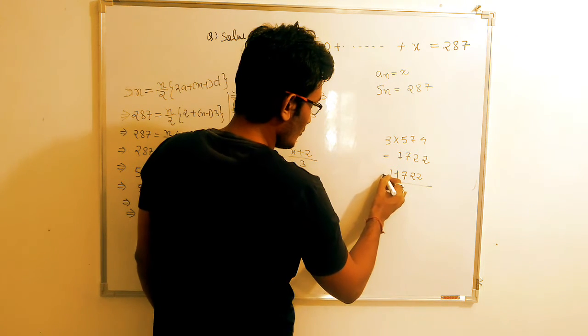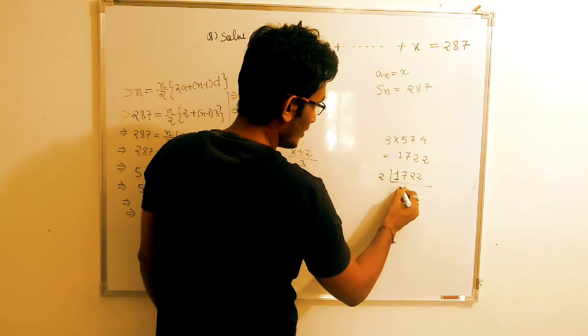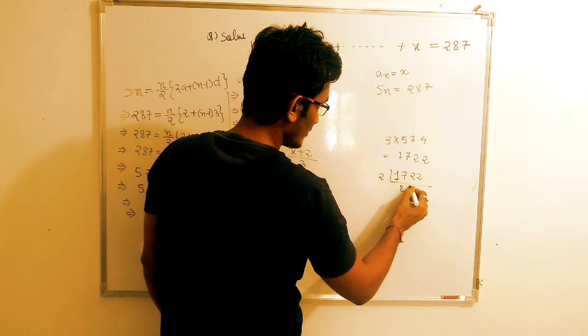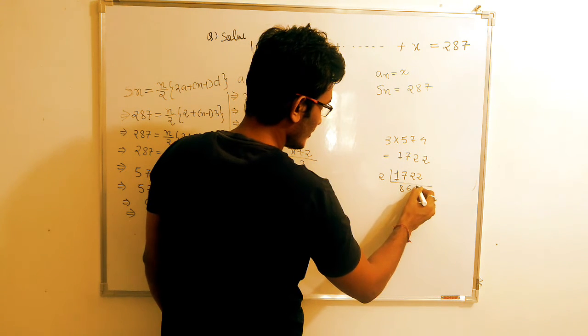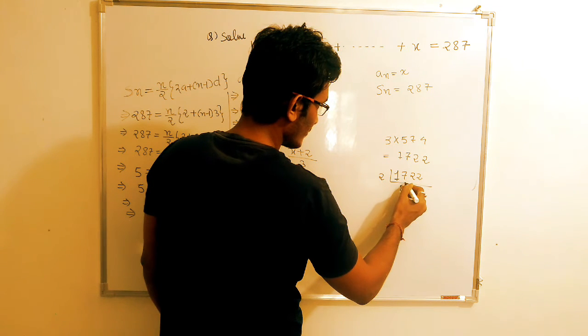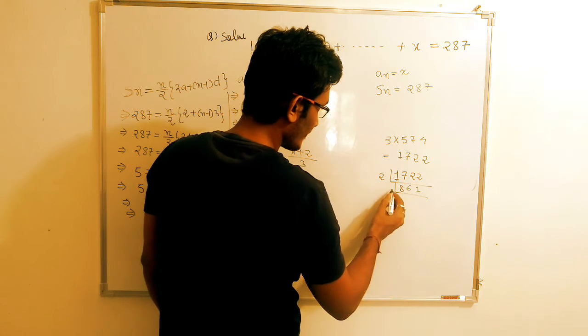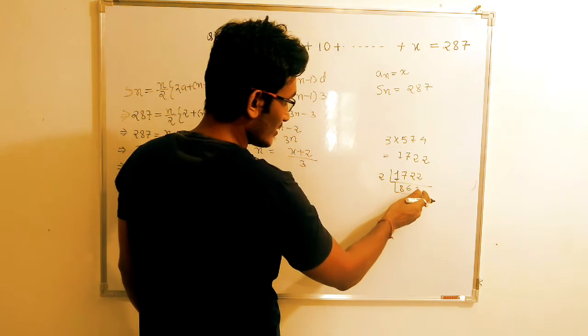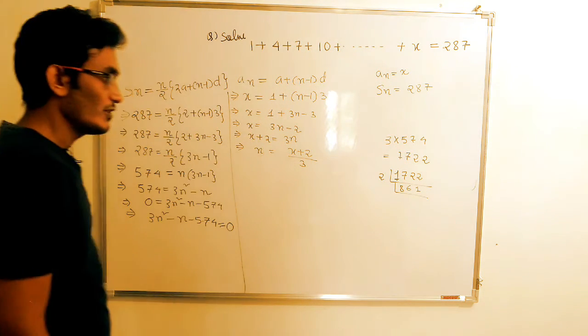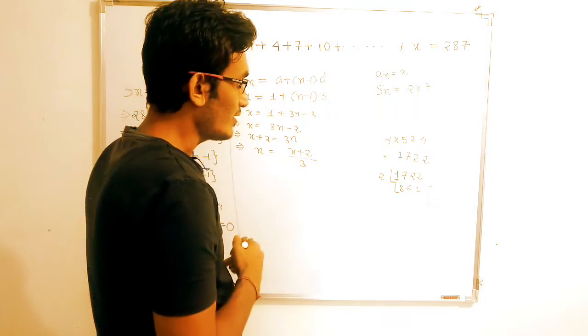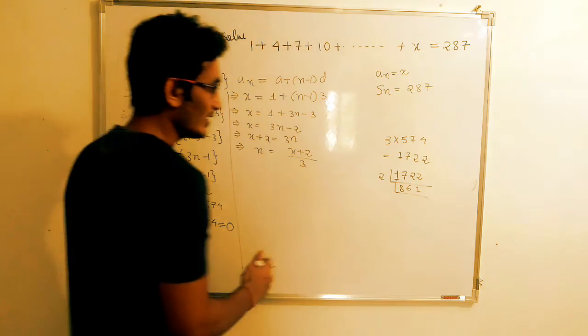So 2 eights are 16, 6 times, then 1. Next 861, the unit digit is 1, so it should be divisible by either 3 or 7 or 9.